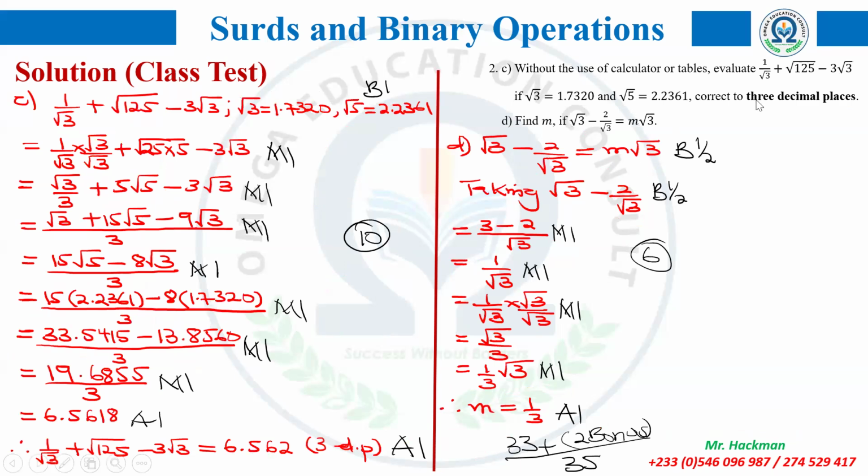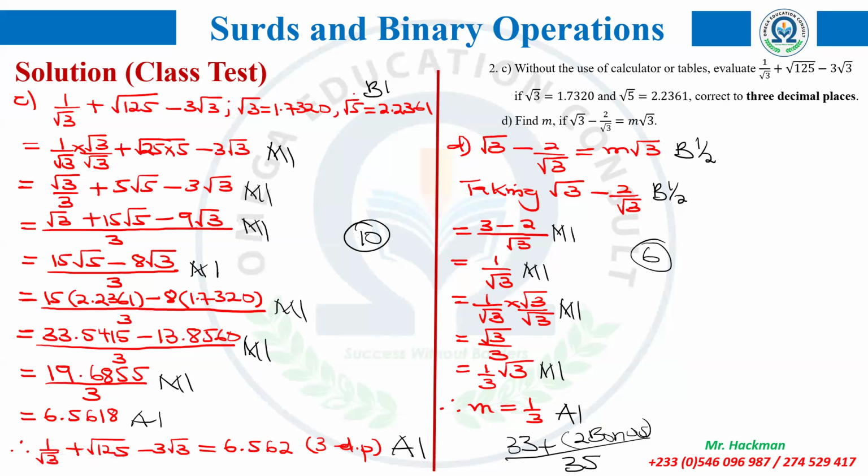What are we asked to do? Without the use of calculator or tables, evaluate this. Immediately you see this, you hide your calculator. However, I've told you, when you are smart at a point, you can use the calculator. No one will know. Given that root of 3 is equal to this and root of 5, correct to 3 dp.